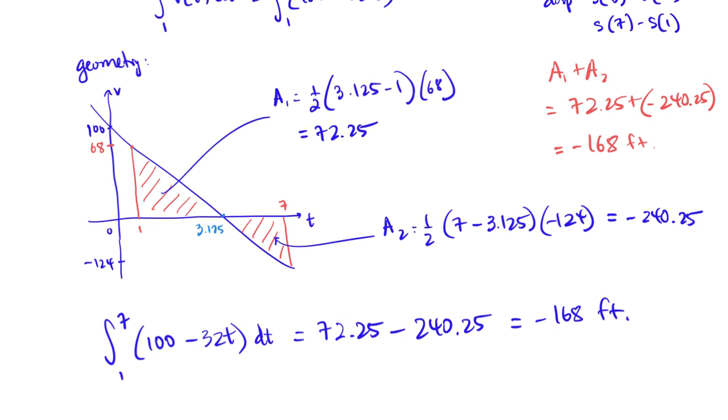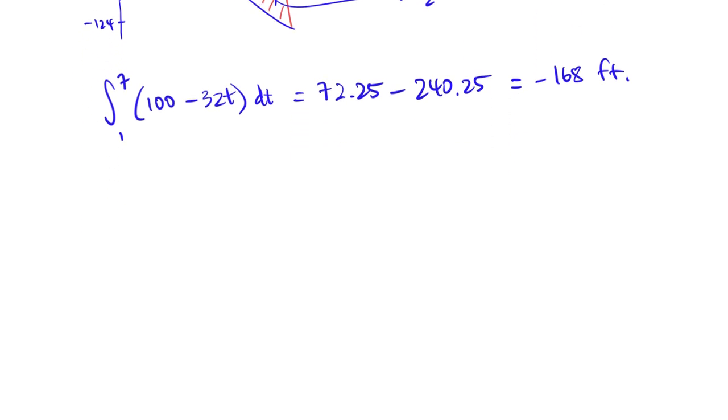Alternatively, we will first find an antiderivative of the velocity. This means that we will find an antiderivative, or the indefinite integral, of 100 minus 32t dt. There are two terms in this indefinite integral. The first term is 100.